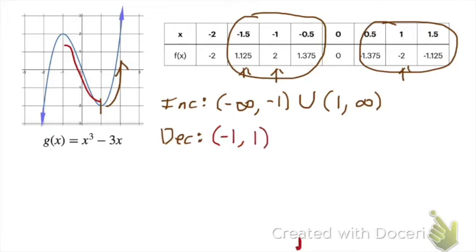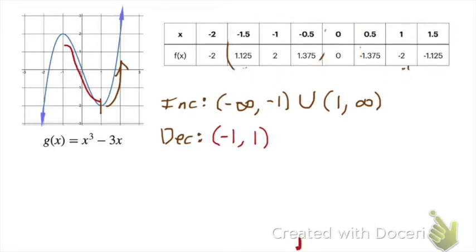And again, the way we show this is with the table. When you look at the table, let me erase what's on here already. So for the increasing part, you'll see a different piece. For the decreasing piece here, we have -1 to 1. You'll see from -1, we start at 2, we go down to 1.375, then 0, then -1.375, down to -2, and then we start going back up.